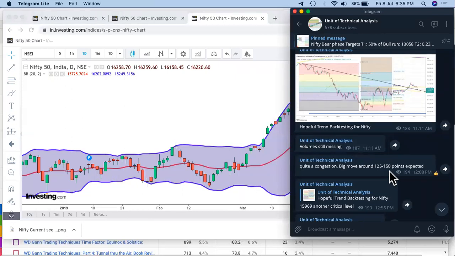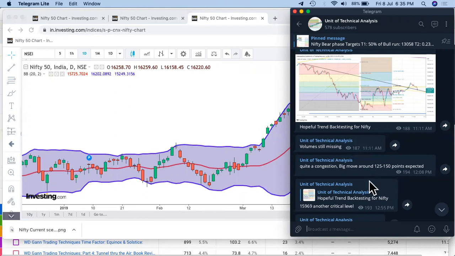One is timing, because your entry timing should be very good, your exit timing should be very good, and second is the price at which you are buying and the price at which you are selling, right? So time and price is very important. You should always trade only on the basis of these two things, right?